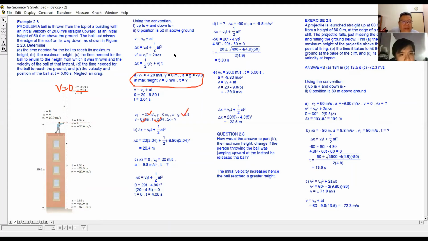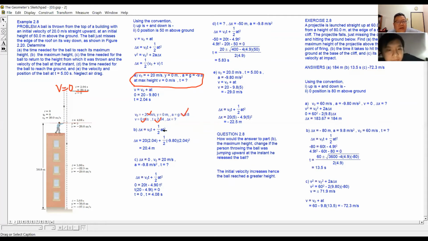I think both are feasible. Which one do you prefer? Let's say you prefer the second one. Delta x is v naught t plus half a t squared. So this is the one that you want to use.